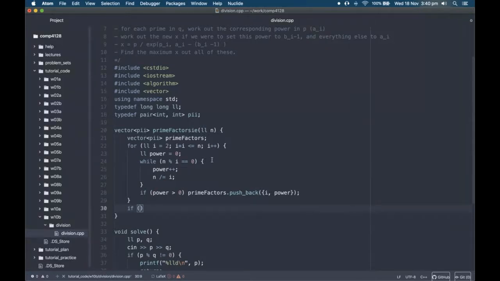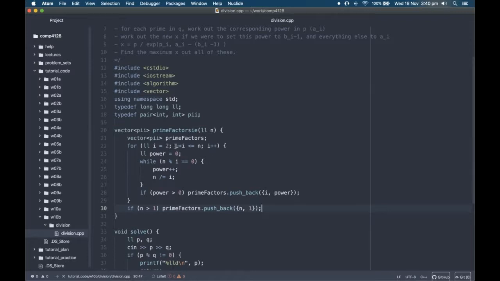At the very end, if n is still larger than 1, then we can just push back n. Why is that the case? Well, it's all based around the observation that if you do a prime factorization of n, there can be at most one prime that is larger than the square root of n, and its power is going to be 1.